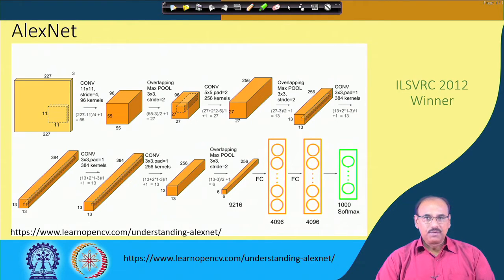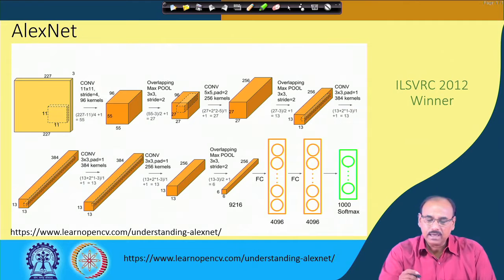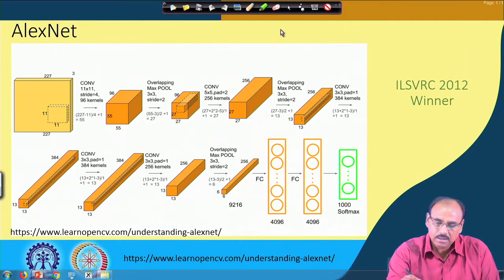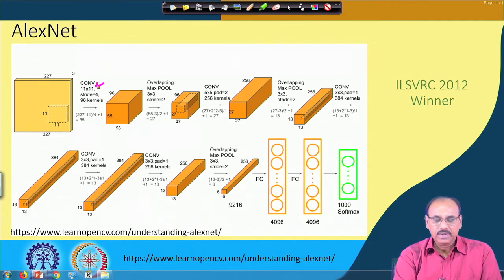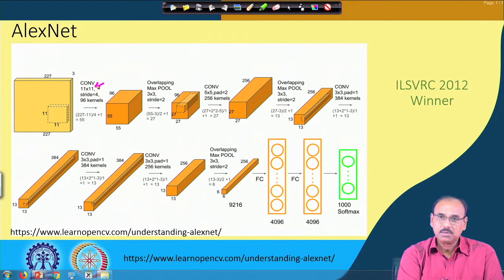Then the first convolution layer in the AlexNet has convolution kernels of size 11 by 11, with stride equal to 4, and it has 96 different kernels. As a result, the first convolutional layer output gives you 96 different channels, because there are 96 different kernels.